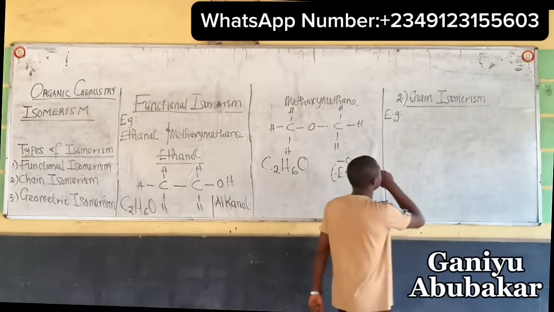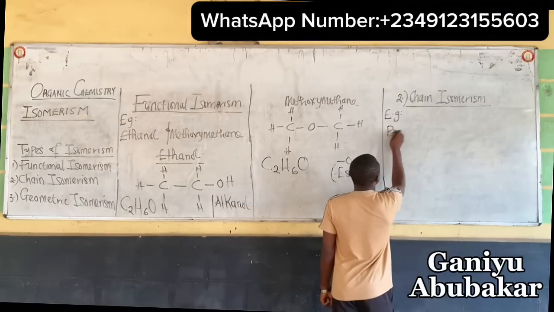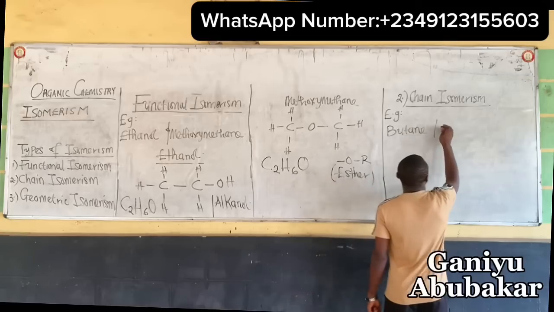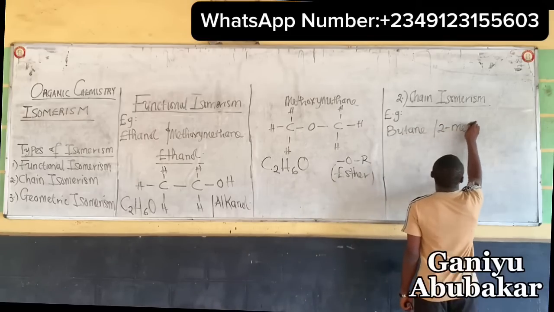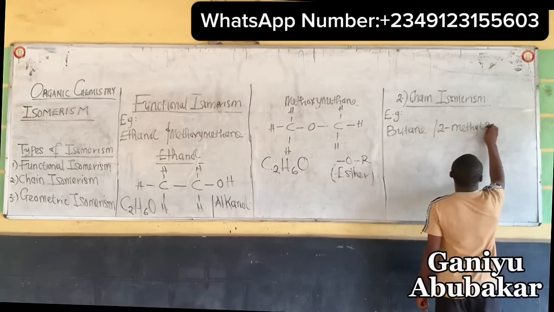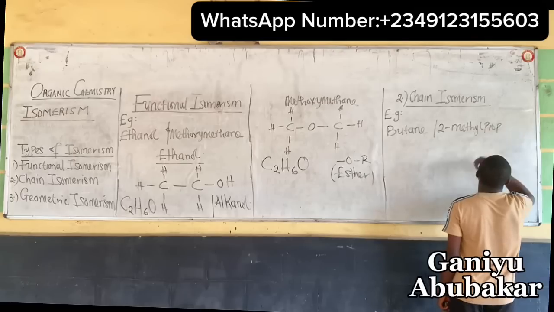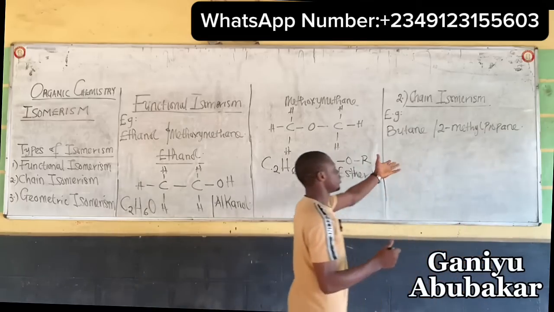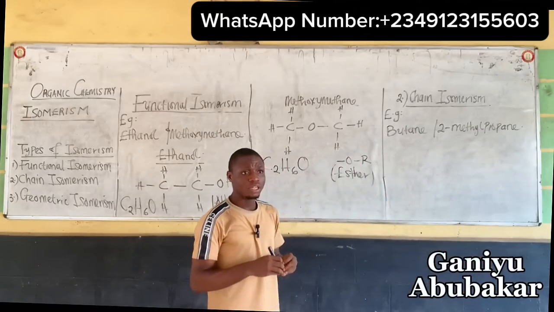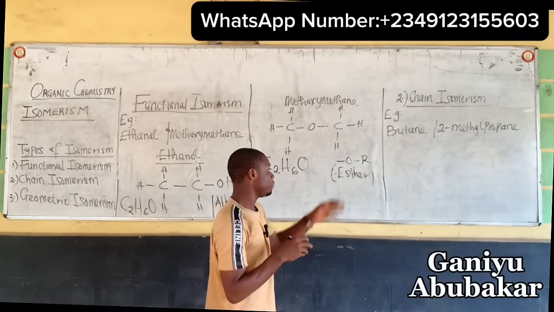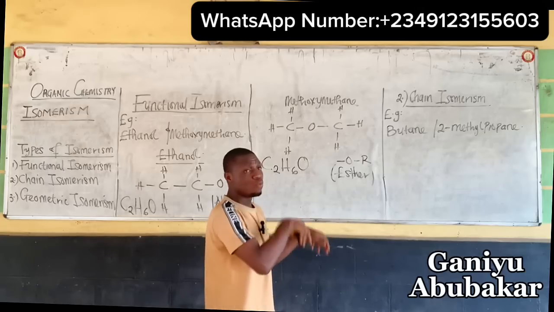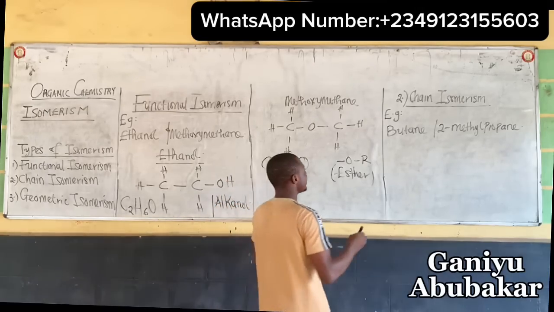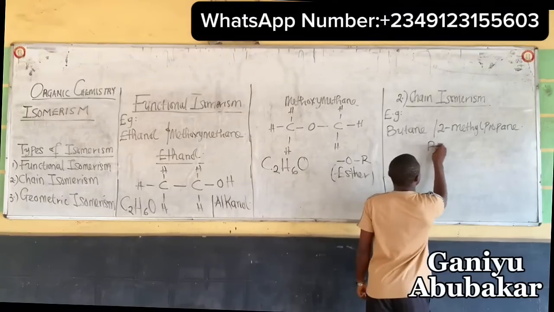Let's look at butane and 2-methyl propane. Let's consider these two compounds to see if they have the same molecular formula and the same functional group. Let's take a look at butane first.